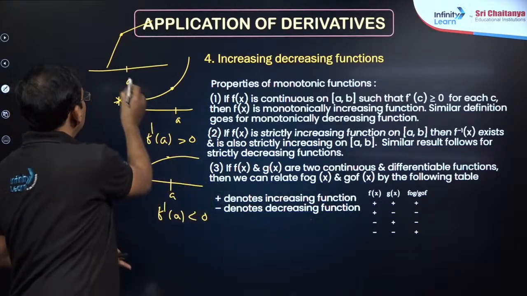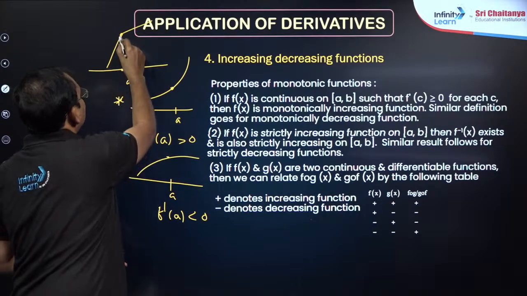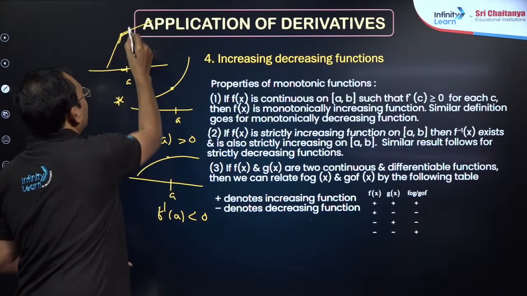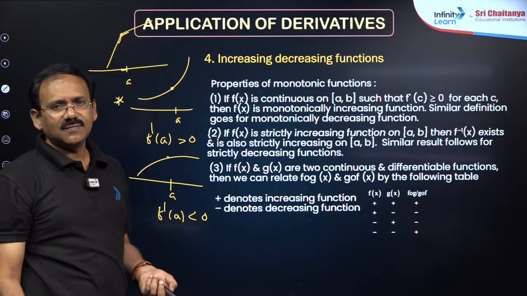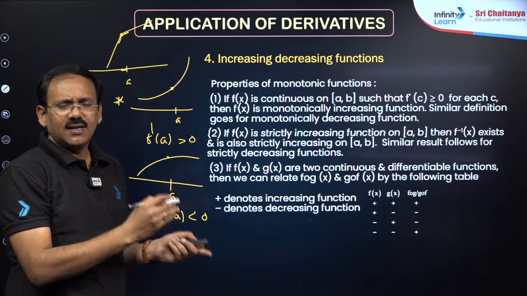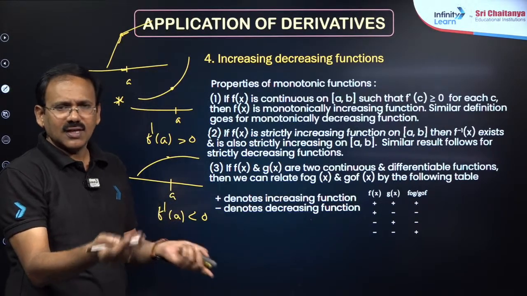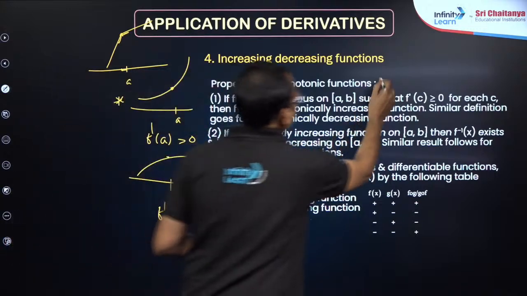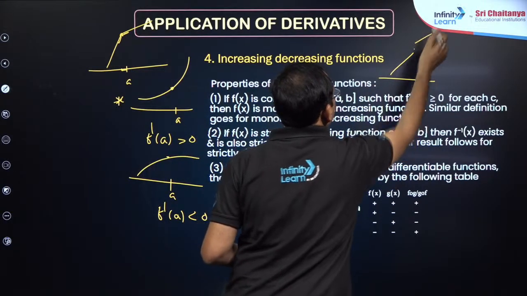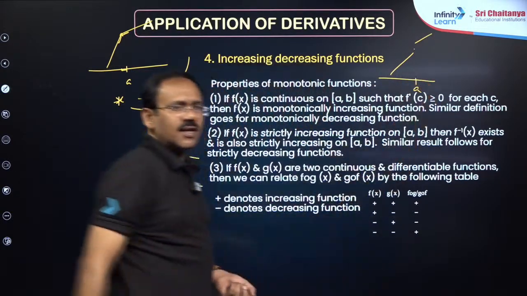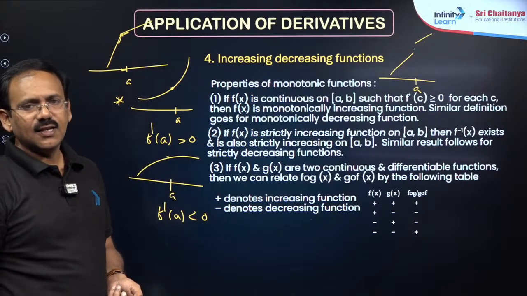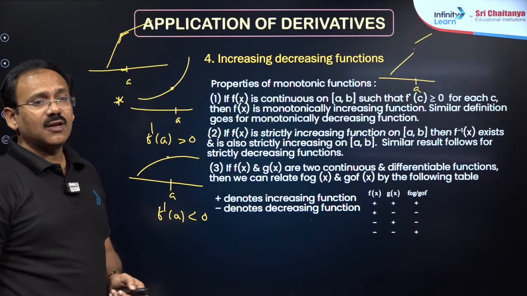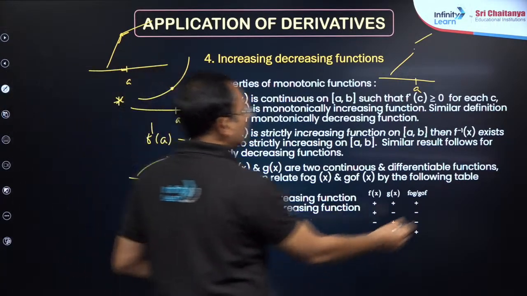What is the definition? f of a minus delta must be less than f of a, which is less than f of a plus delta. That is the meaning: left side a little less, right side a little more. That's it. Suppose you take a graph here, at a it is increasing only. So, my dear friends, at a particular point monotonicity can be checked in this way.